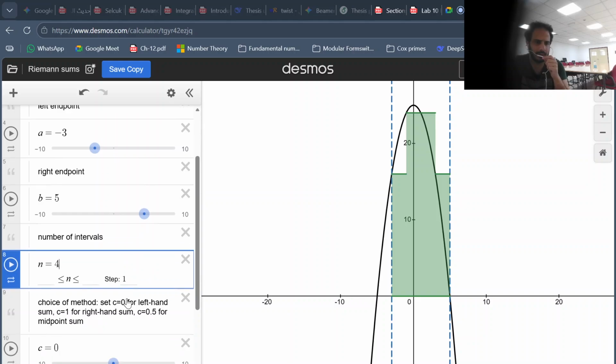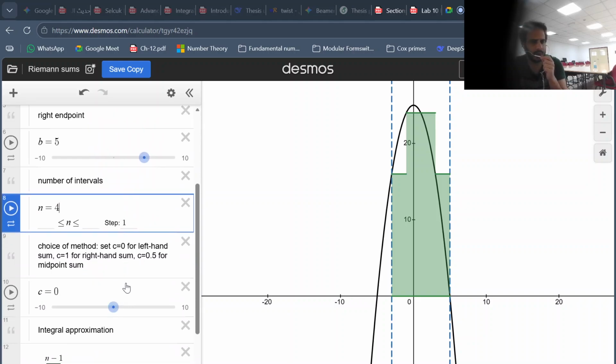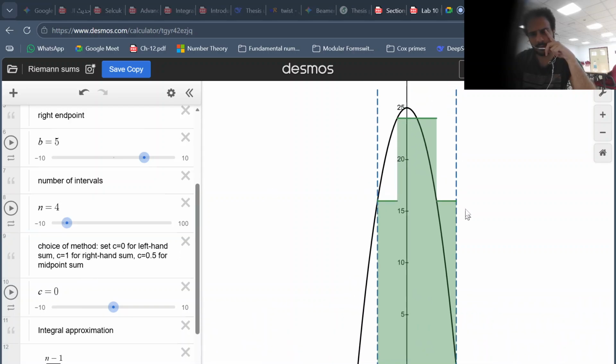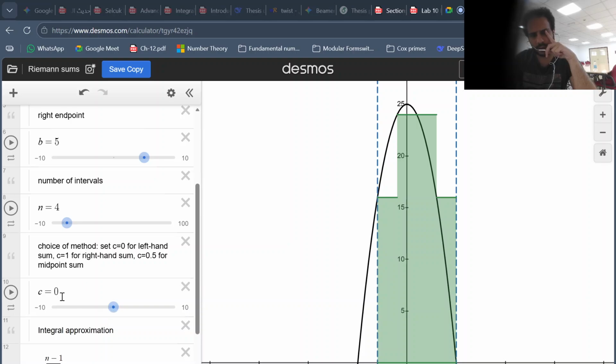Next, see here. C equals 0 means left hand sum. C equals 1 is right hand sum. C equals 0.5 is midpoint. Okay, see here. If C equals 0, this is the left hand. We are using left hand points now. 0.5 is the midpoint.